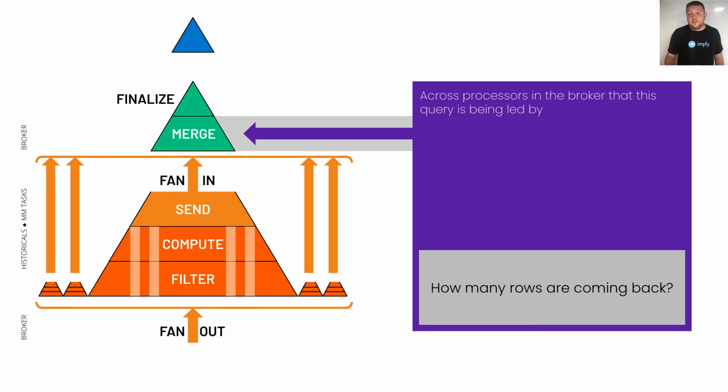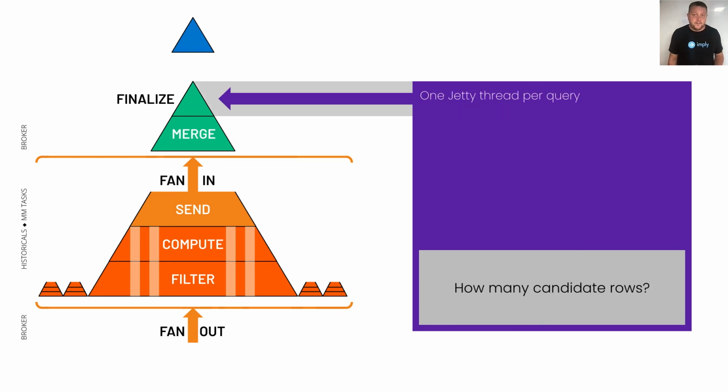Adding brokers, therefore, doesn't solve bottlenecks that occur in this layer, but it does help to increase the overall capacity that your cluster has for concurrent query execution. Instead, what really helps at this layer is scaling a single broker up, especially when you have high row count queries.